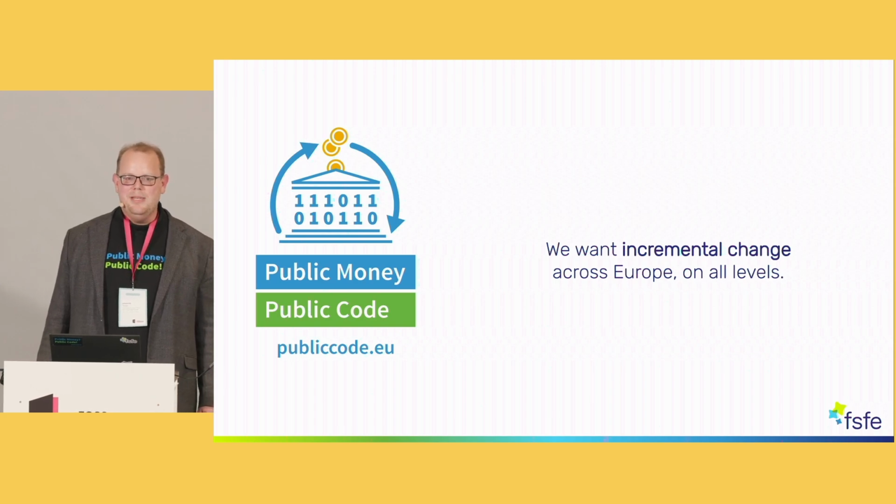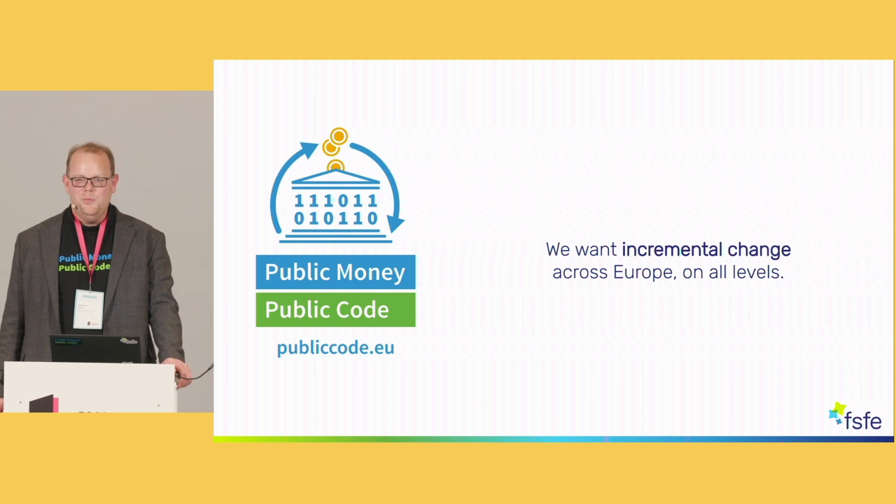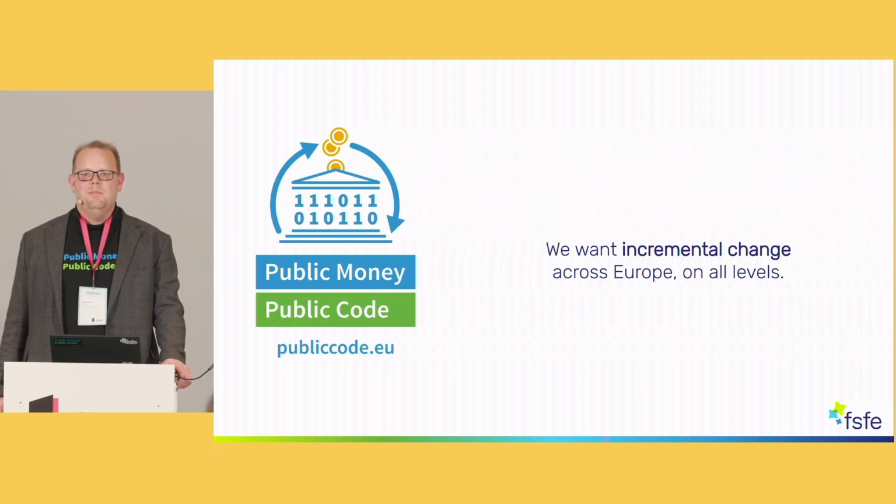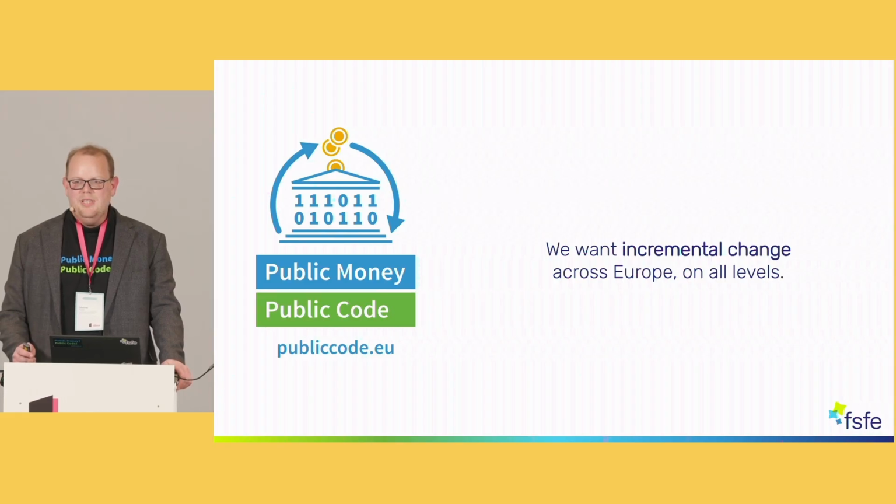We will not see Public Money, Public Code, 100% free software in public administrations across Europe this year or next year. So it will take us some time, and this is why we should start now, so we will finally reach those 100%.